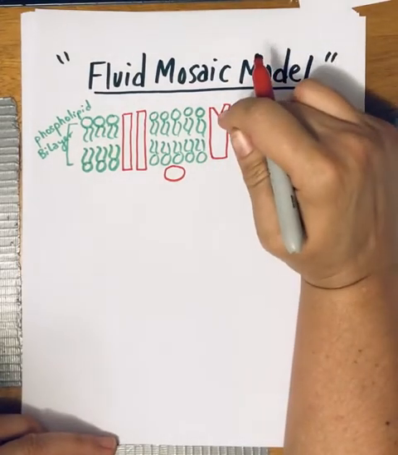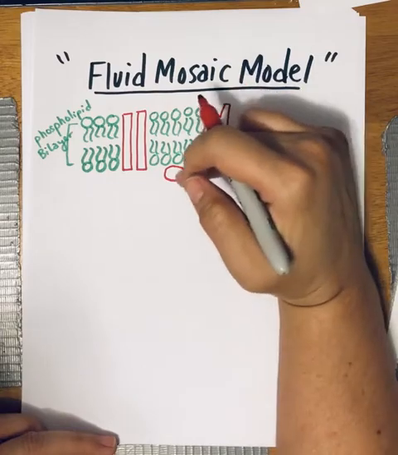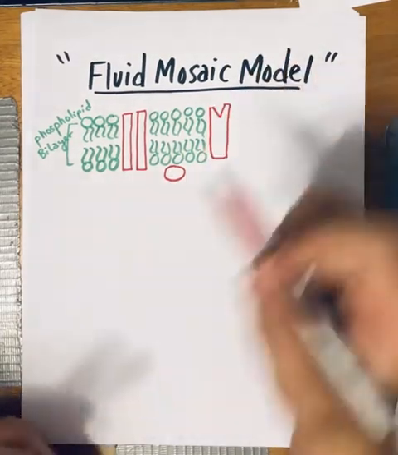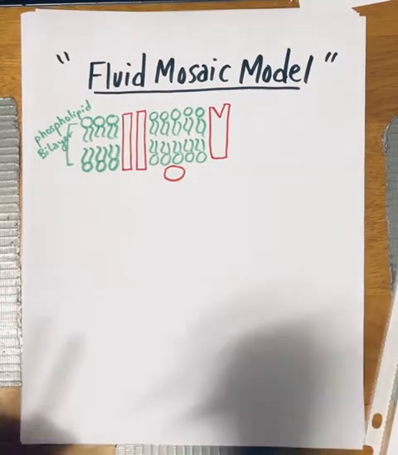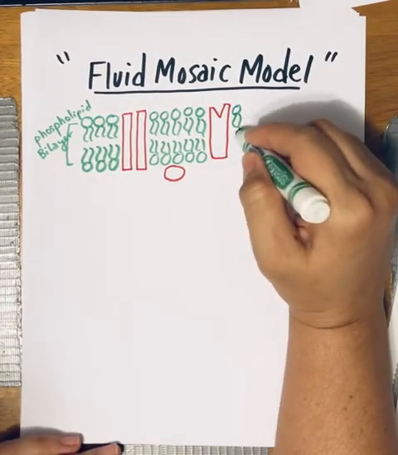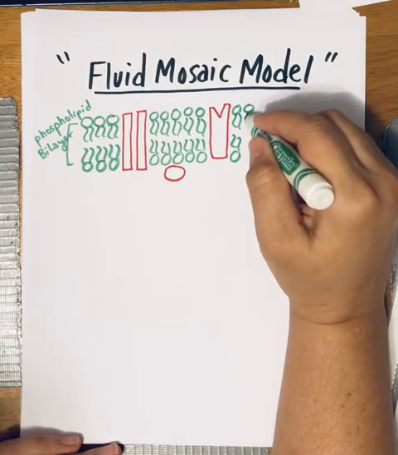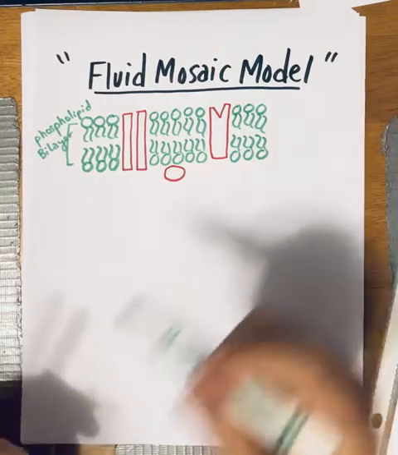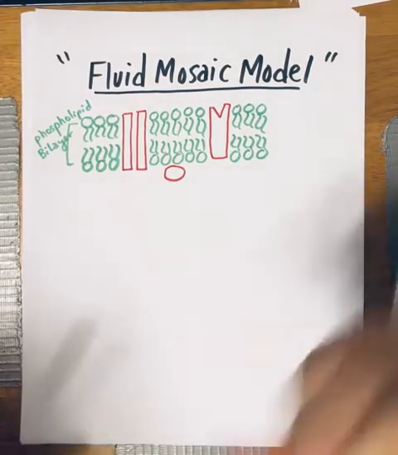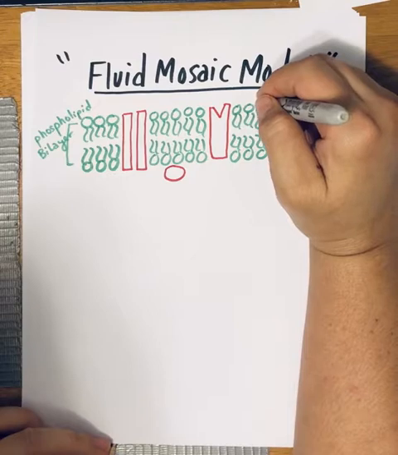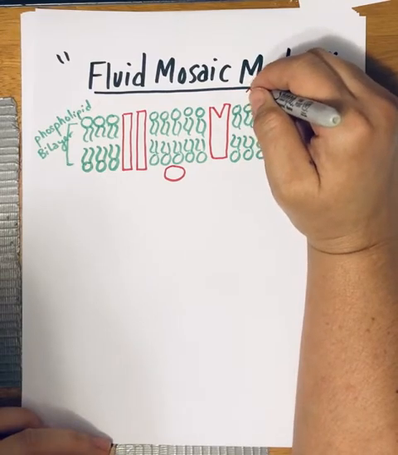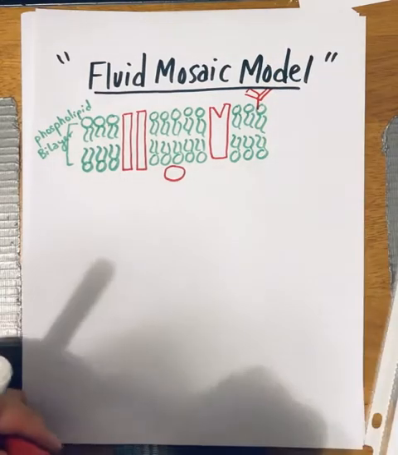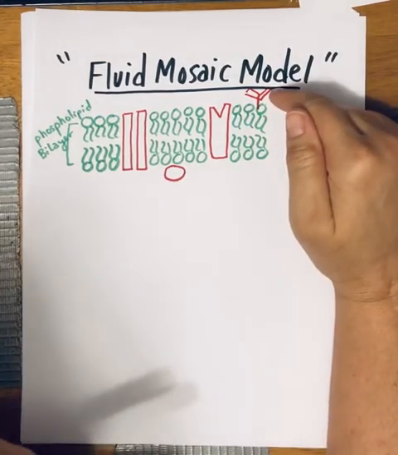So this one looks like a little door. This one's just on one side, and this one's going to act as a receptor, so something has to be able to bind there. Different function. This one is a peripheral protein because it's only on one side.